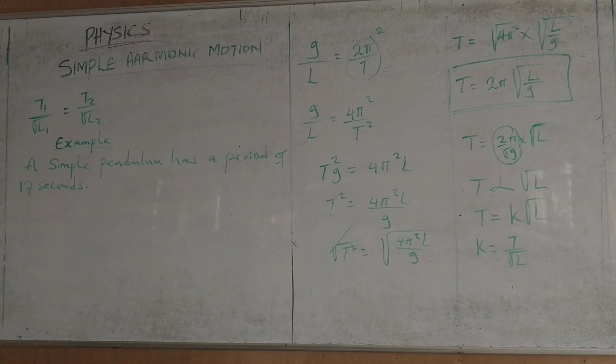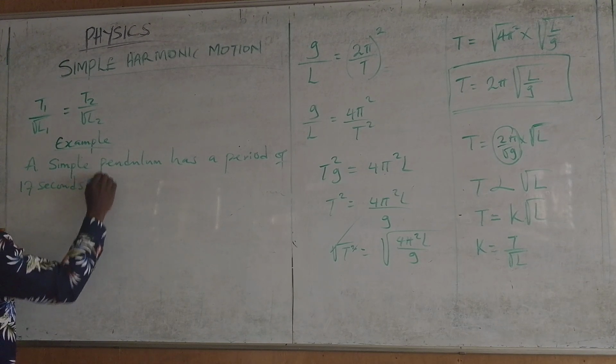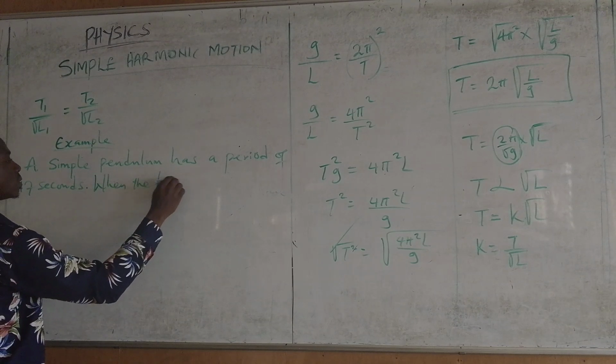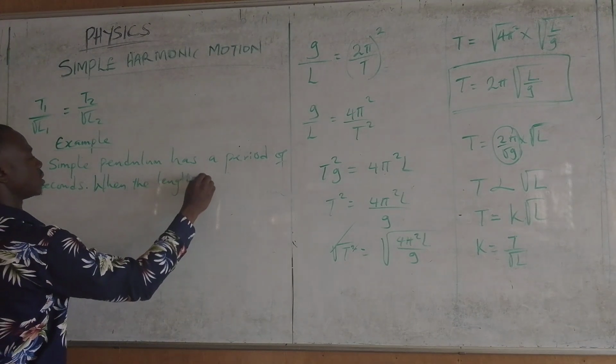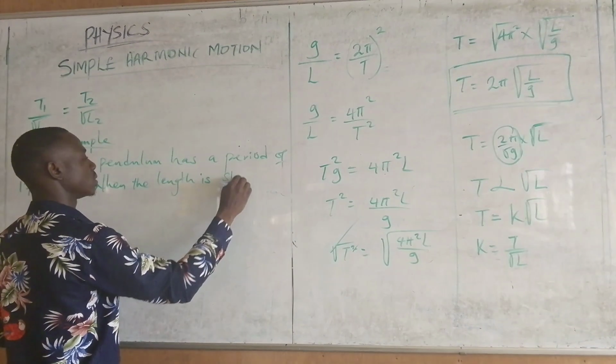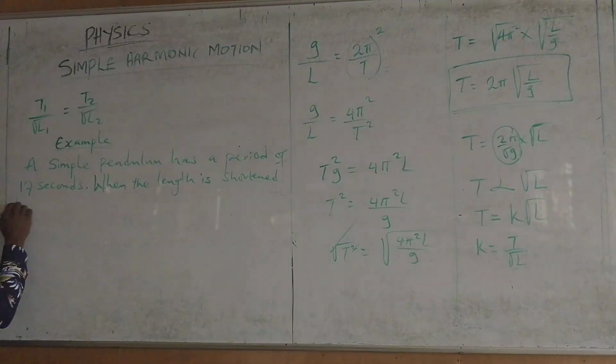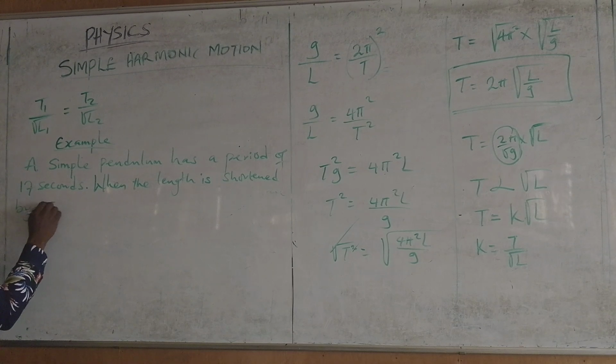When the length is shortened by 1.5 meter, what happens?